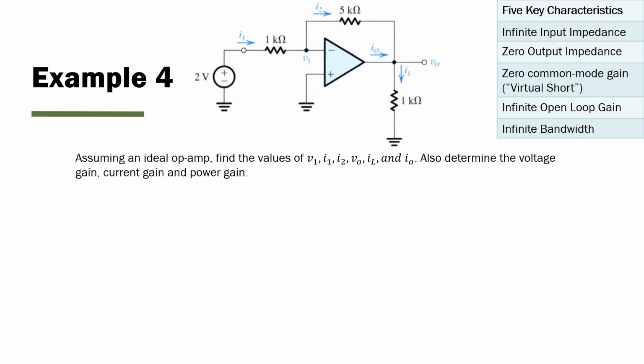Let's solve example 4. Assuming an ideal op-amp, find all these values, and also determine the voltage gain, current gain, and power gain. This can look overwhelming at first, but you're going to see how we can use these characteristics of an ideal op-amp to really make this problem a lot simpler. So first off, we can identify that there is infinite input impedance at the negative and positive terminals.